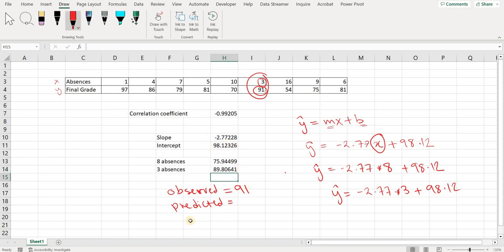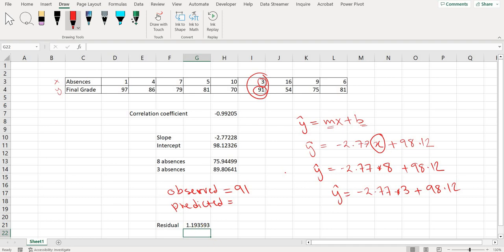And now the residual is the observed value minus the predicted value. So it equals the observed value, 91, minus the predicted value, which we computed here. So I'm just going to click on it. So it's 1.19. That is the residual.